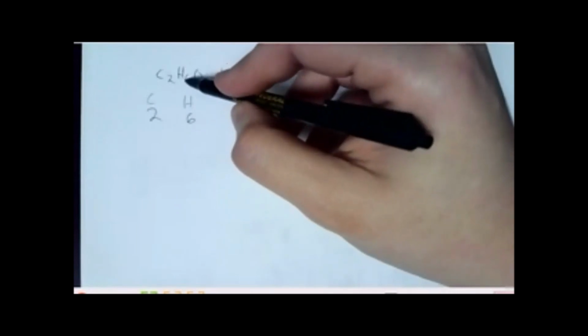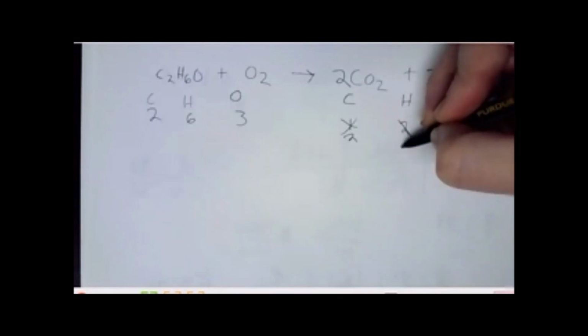So first things first, I'm going to start with the carbon. I always leave the oxygen for last. So carbon, if I double that, and change that to 4, that's now 5 on the oxygens. Hydrogen, we got 6 there, we got 2 there. So we're going to need a 3 here.